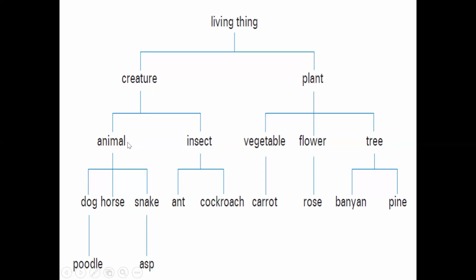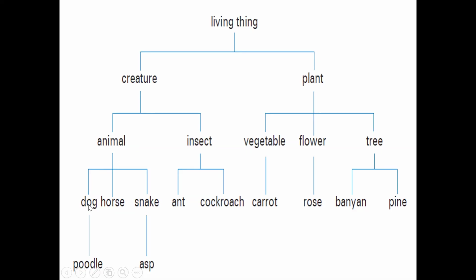Okay, the same thing happens to the term animal. Animal is the co-hyponym of creature, but it can become the superordinate of the terms dog, horse, and snake. So dog is a kind of animal, horse is a kind of animal, snake is also a kind of animal. So animal is the superordinate of the terms dog, horse, and snake, while dog, horse, and snake share the same superordinate.